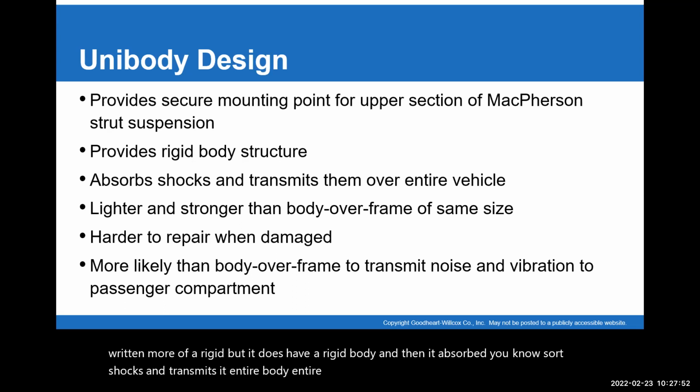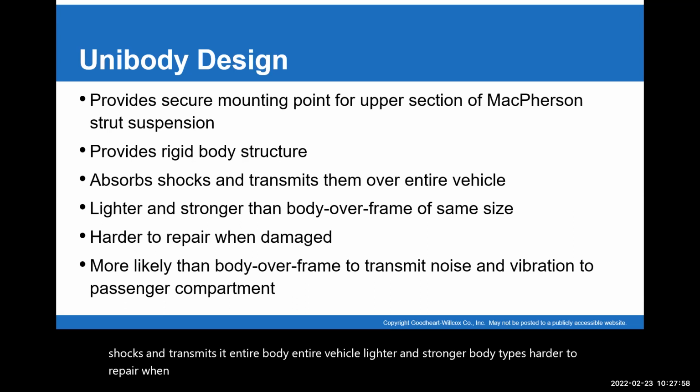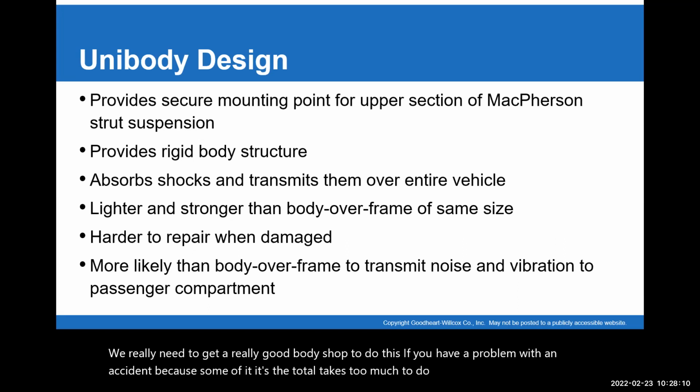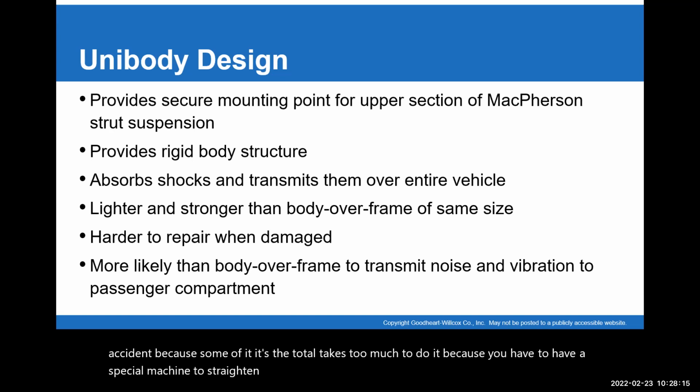Lighter and stronger body types, but harder to repair when damaged. You really need to get a really good body shop to do this if you have an accident, because some of it takes too much to do, and you have to have a special machine to straighten all this out. You can actually look underneath and inspect.